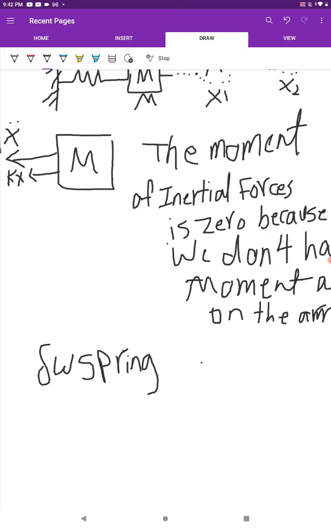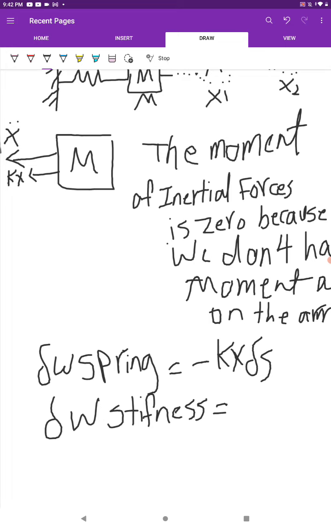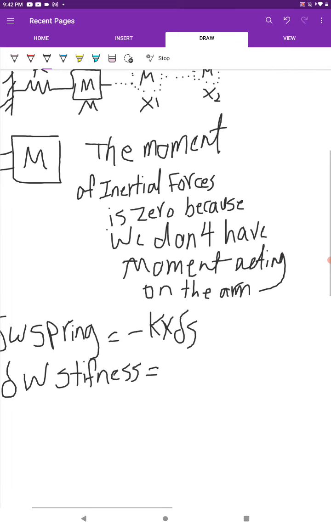So displacement of the spring, which equals negative kx delta s, and then same thing for the inertia, which equals negative mx double dot delta s.